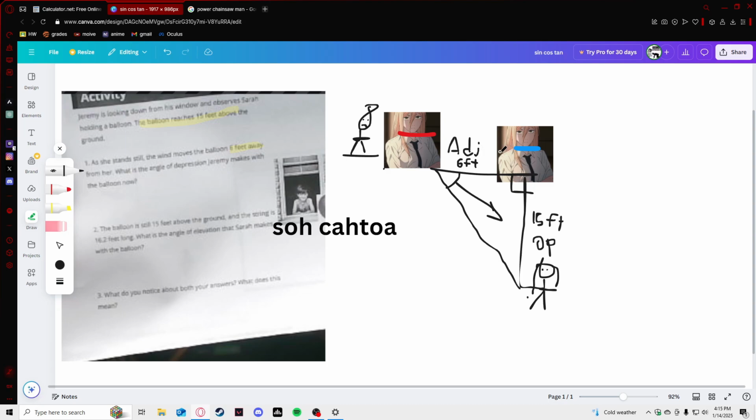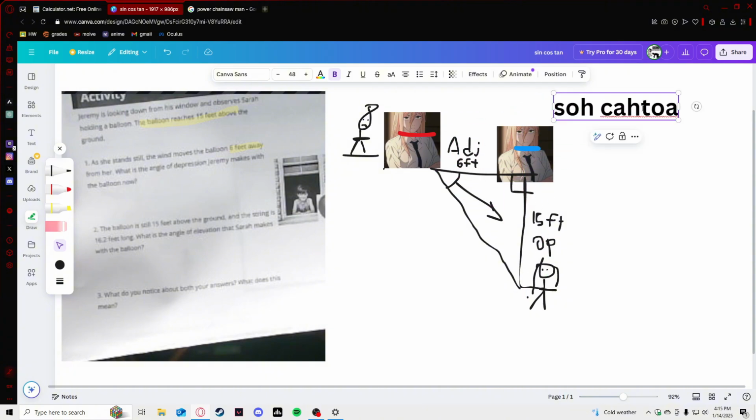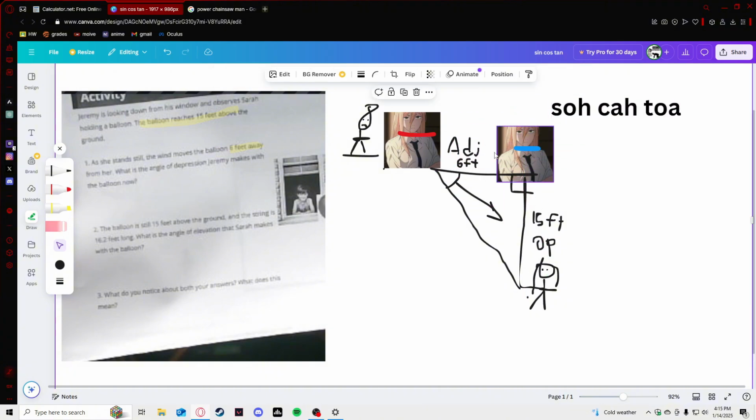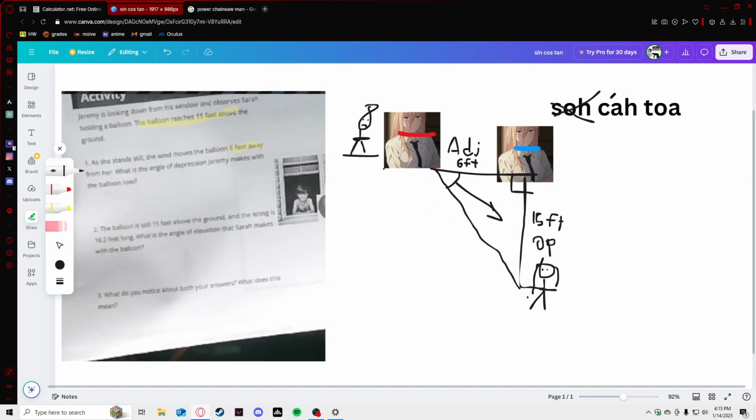Okay. So, firstly, since there's no hypotenuse in this equation, that means sin is out and cos is out, and that only leaves tan, opposite over adjacent.